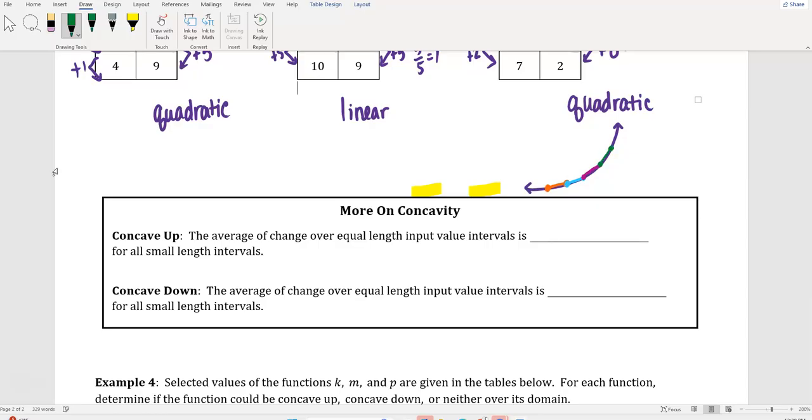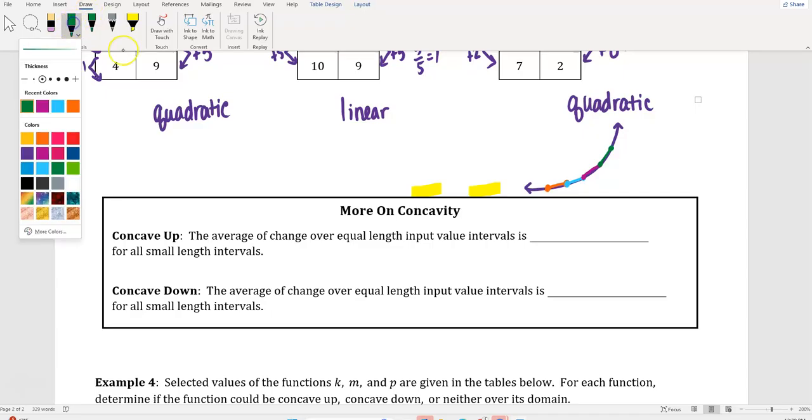What is happening to that slope as we go from left to right? It's increasing, right? The slope of those little lines are increasing. The average rate of change on those equal intervals is increasing.